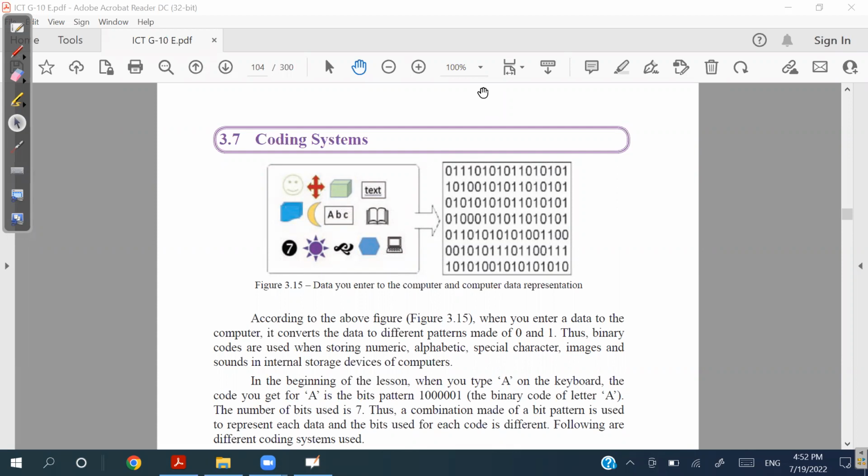As this picture illustrates, it doesn't matter whether it is a number, an icon, a text, or a symbol. Everything is represented as a 1 and 0 sequence. We don't know how many things are used to represent an image, because an image is a complex component when it comes to the computer.